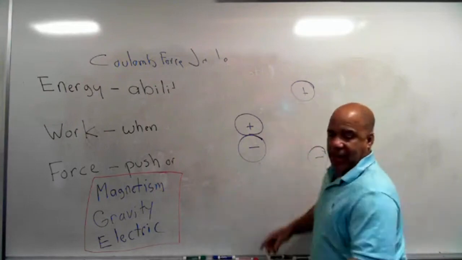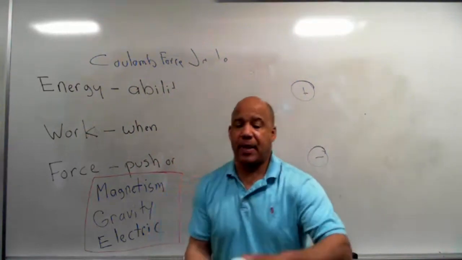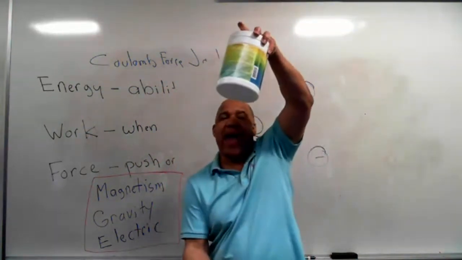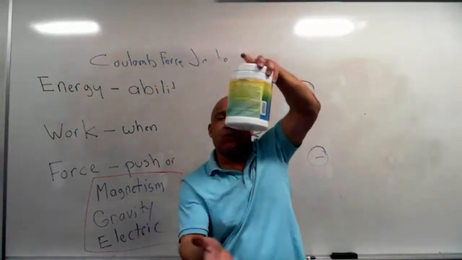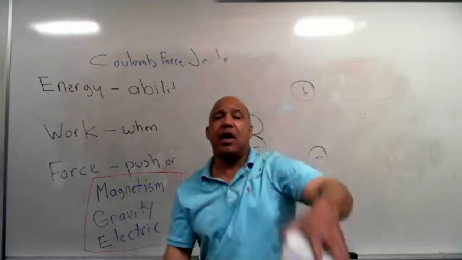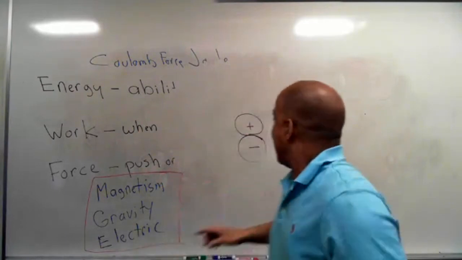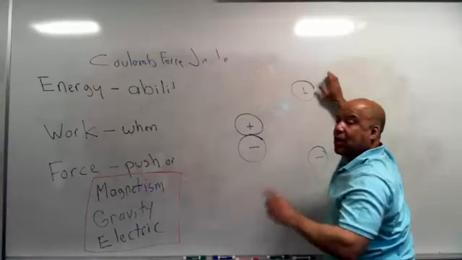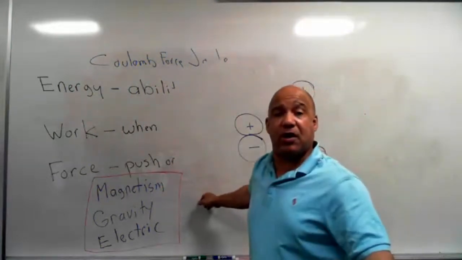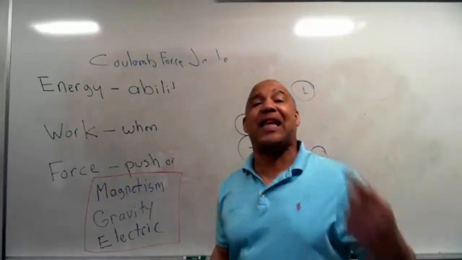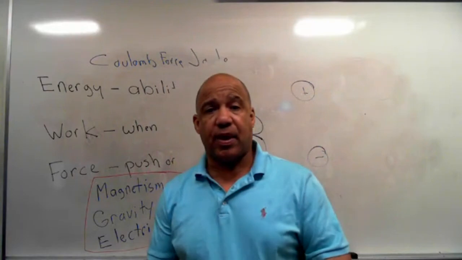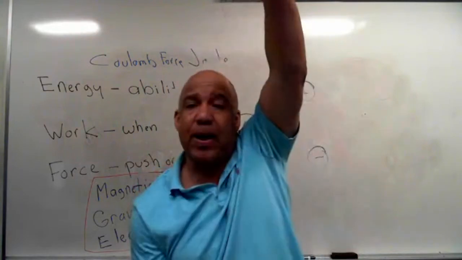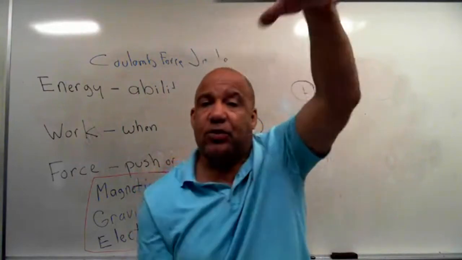So if I take two masses and I separate them, I have a gravitational potential difference. But if I take two charges and I separate them, I have an electrical potential difference.